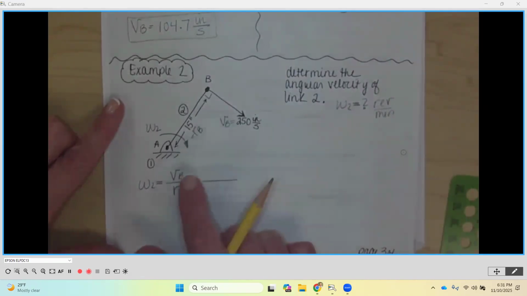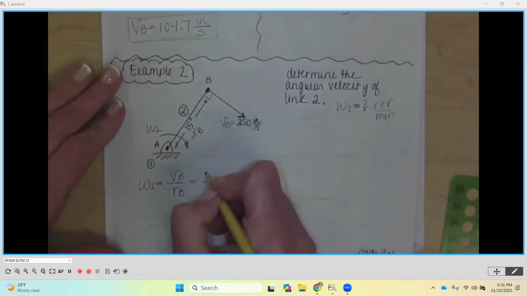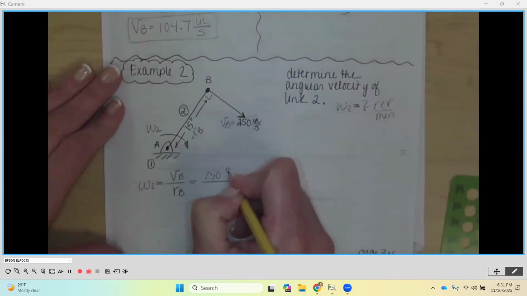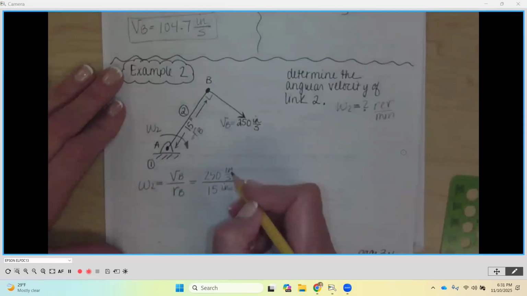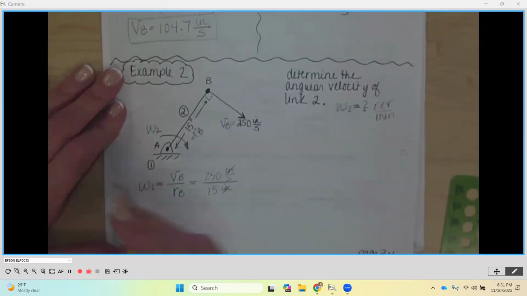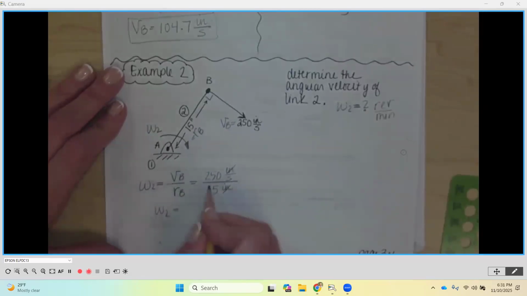So if I look above, my VB is 250 inches per second. Remember, up, down, no slashes. And then divided by RB, which is 15 inches. My inches cancel top to bottom, right? So my W2, 250 divided by 15, what's my number?